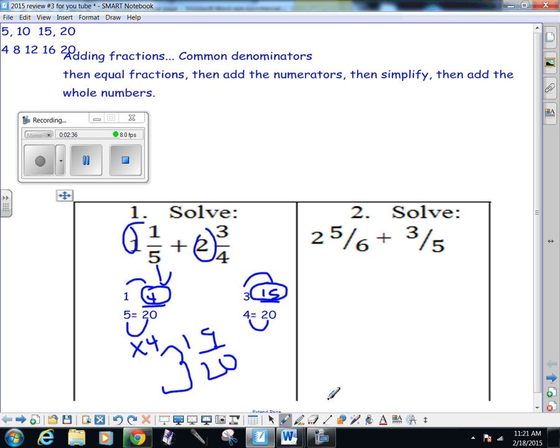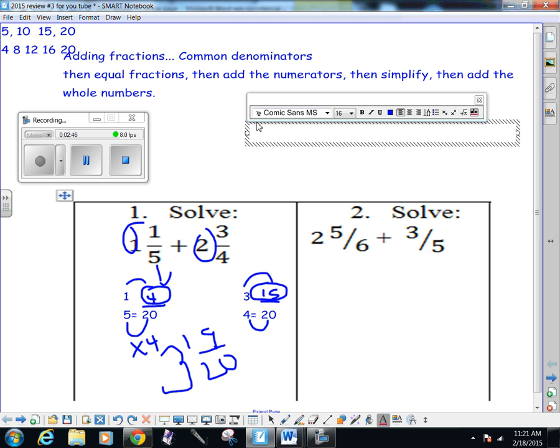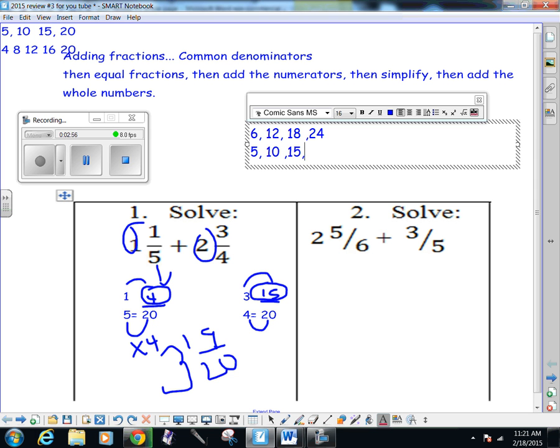Okay, question number 2, I look at it, same thing, common denominators. So I count by 6's, and if I'm counting by 6's, I get 6, 12, 18, 24, and I count by 5's, 5, 10, 15, 20.